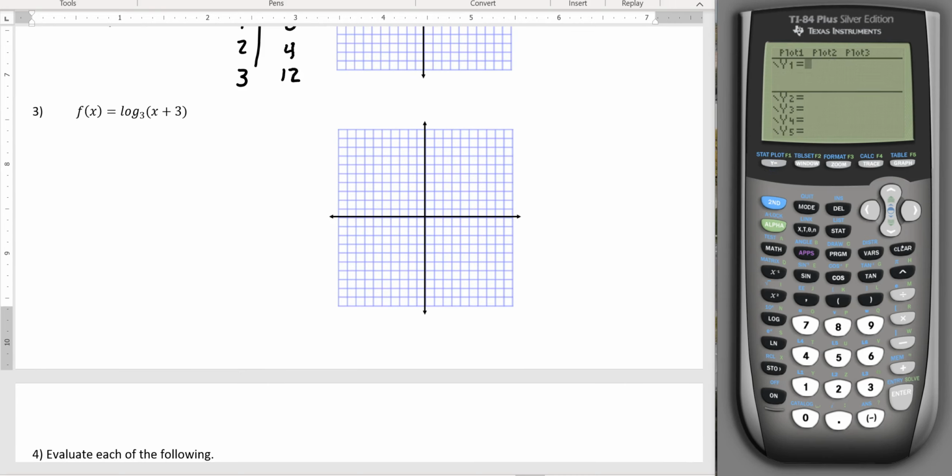And I will use the change of base formula, so I'll do log of (x plus 3), close that parentheses, divided by the log of 3. Now, if you have MathPrint, you can just use that here. But for those of you who don't, you'll need to type it in like that. And I get something that looks like so. Excellent. So, second table, -2, 0, 0, 1. All right, so that's not bad for the xy intercepts here.